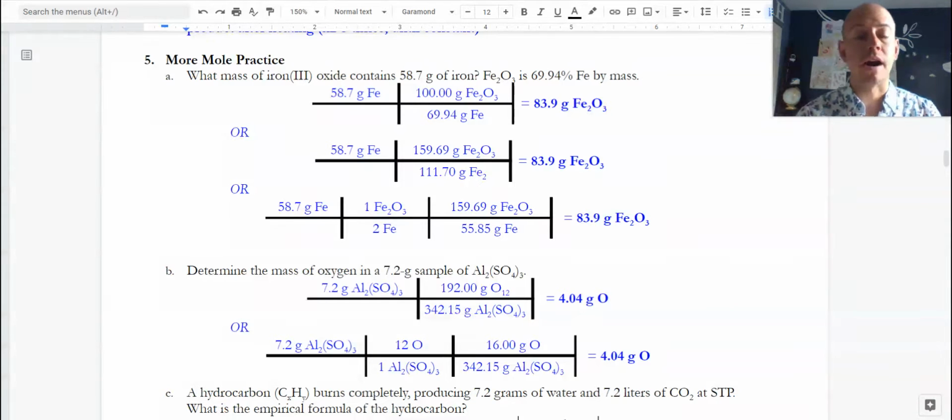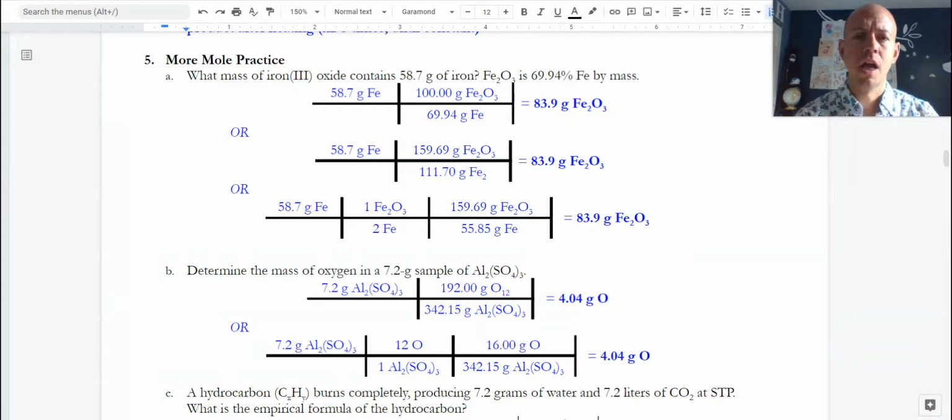The whole compound, using my molar mass, would be 159.69 grams. So the mass of just the iron in the compound versus the mass of the whole compound gives me about 84 grams as well. We'll note that these are the same ratios, in slightly different proportions, getting them from different ways.